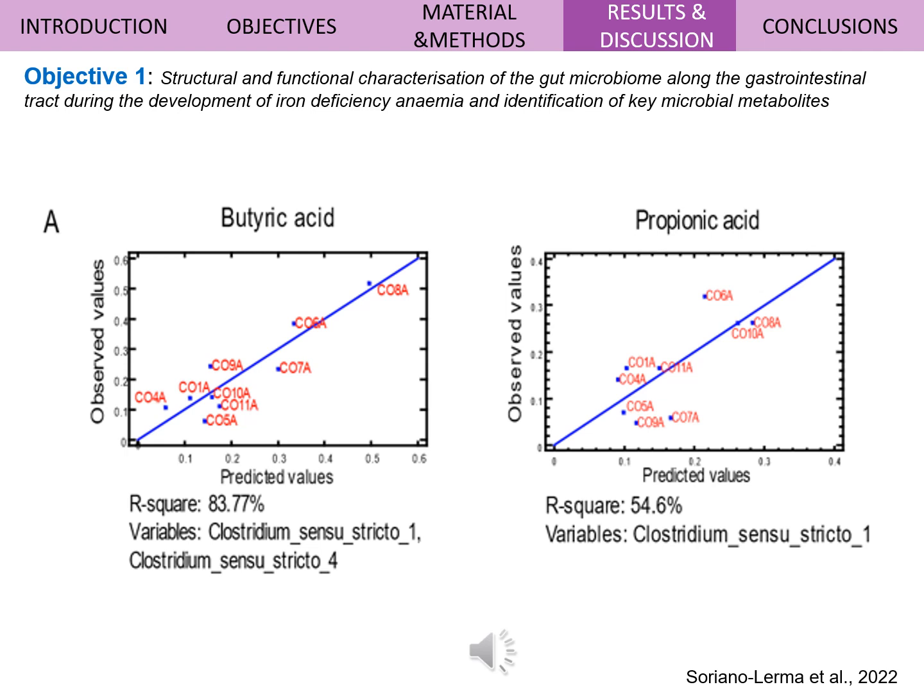So for butyric and propionic acid, this analysis showed that variables Clostridium sensu stricto 1 and Clostridium sensu stricto 4 explained around 84% of variability of butyric acid in the colon of anemic animals, while around 55% of variability of propionic acid was explained by Clostridium sensu stricto 1. So these two genera were very likely to be short-chain fatty acid producers.